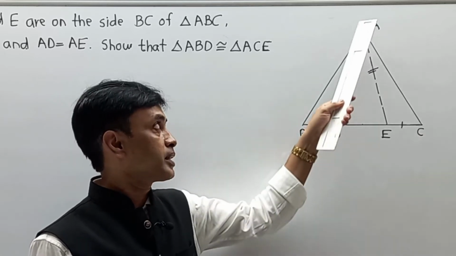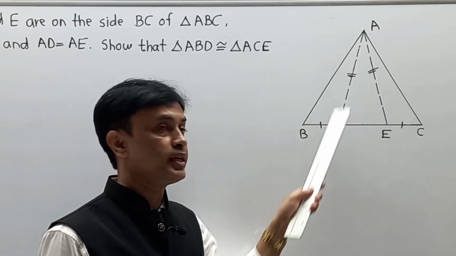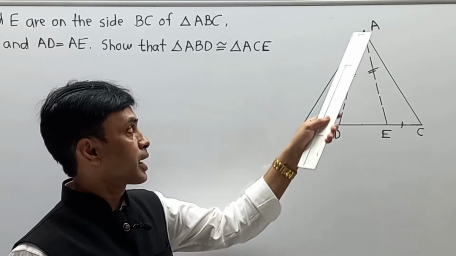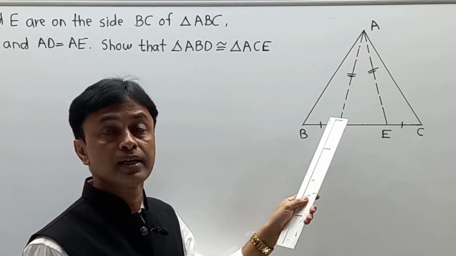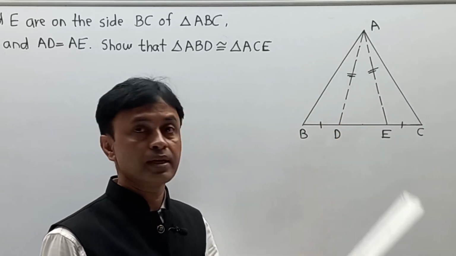Second, they have given AD equal to AE. Then prove that triangle ABD is congruent to ACE.